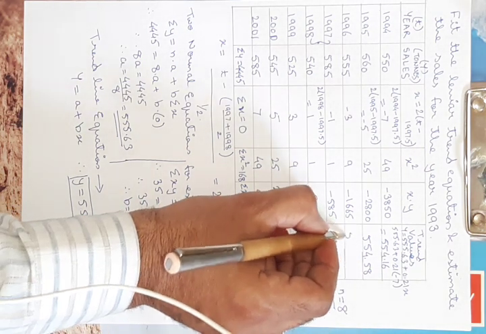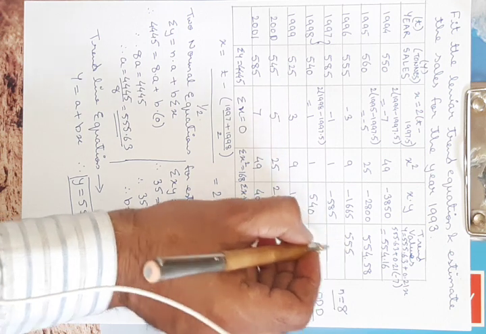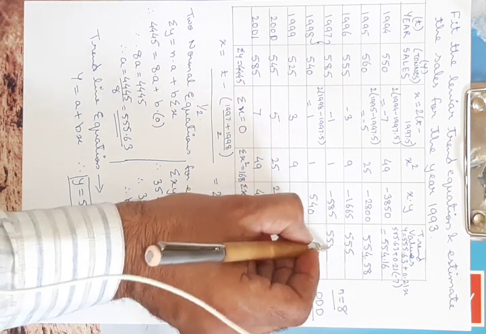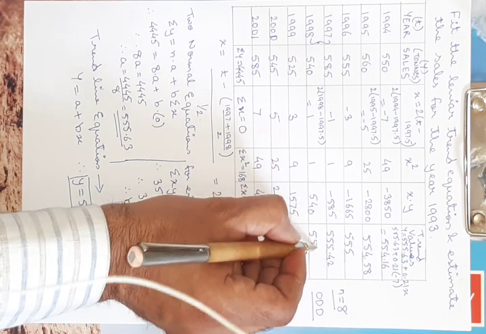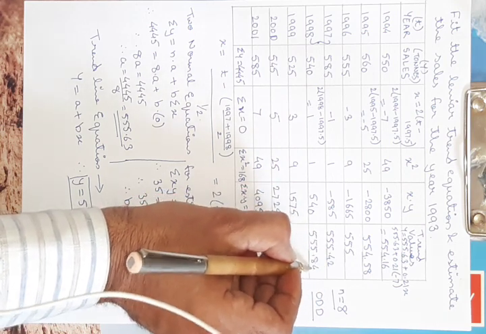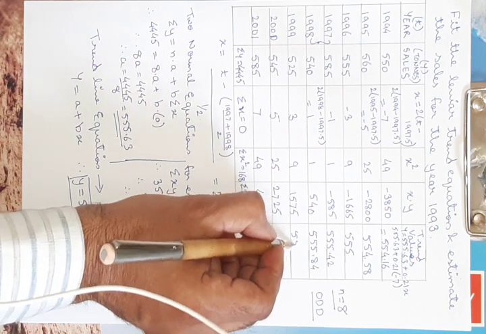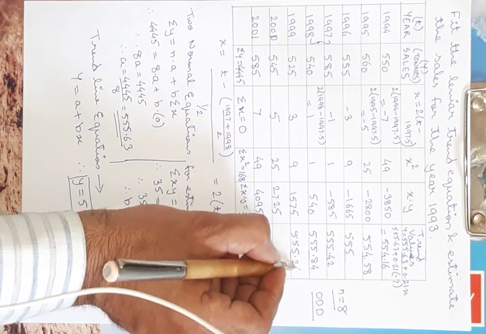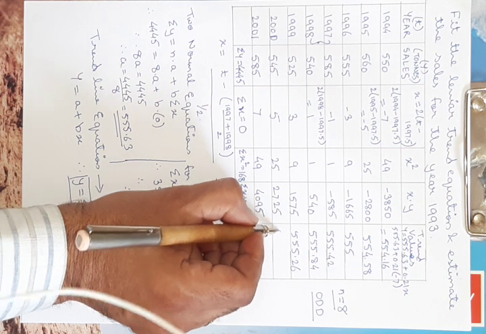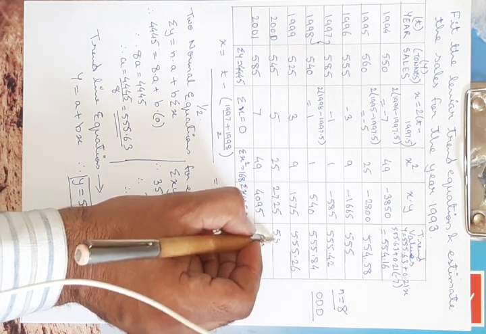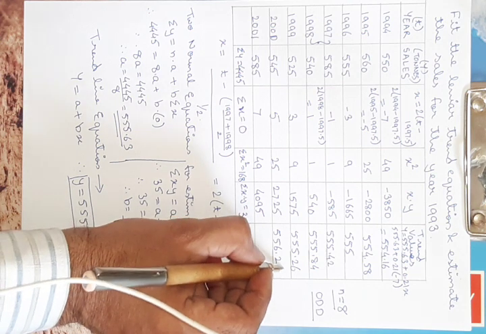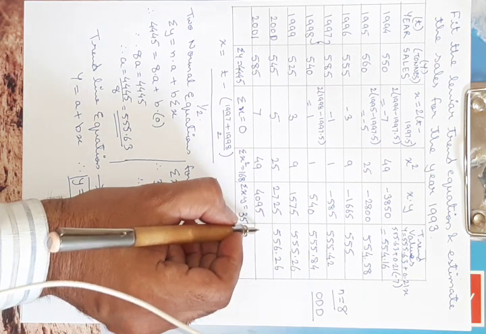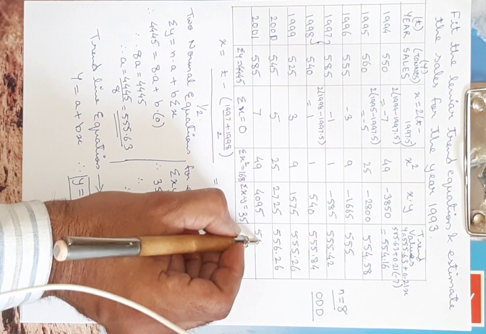Now this is how you have to calculate all the trend values. The third value will be 555, the fourth value will be 555.42, next will be 555.84, next will be 555.26, the next value will be 556.26, and the last value will be 556.